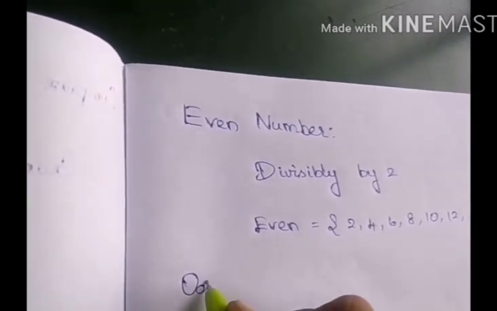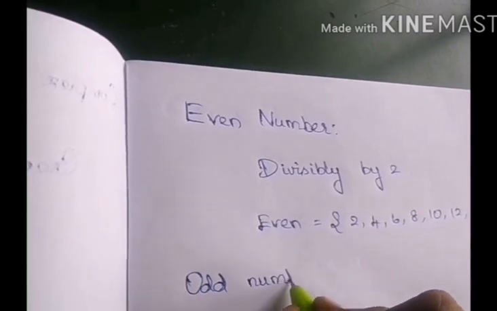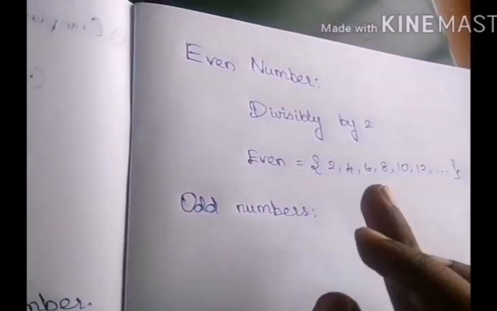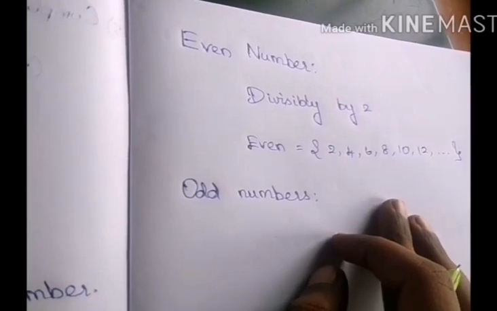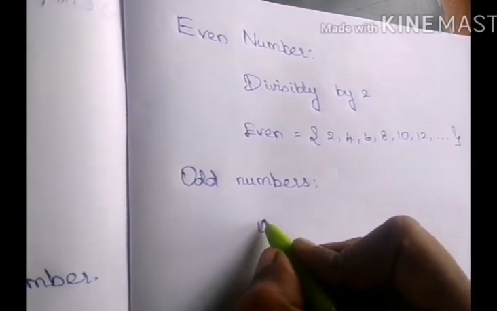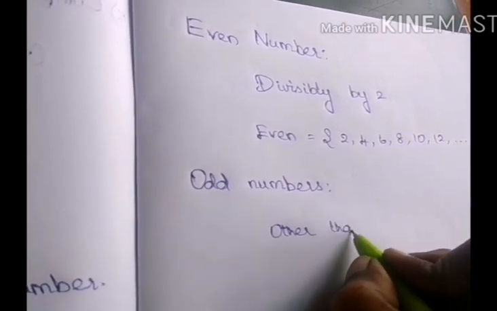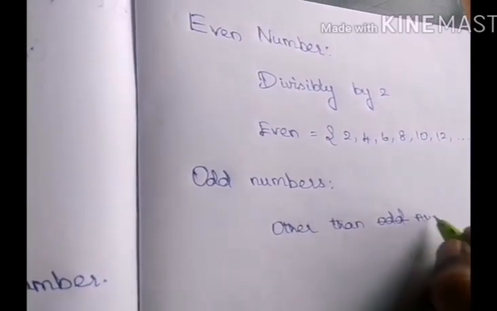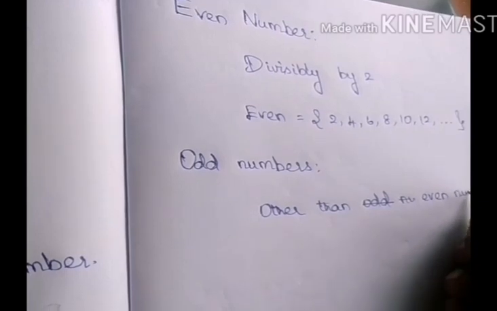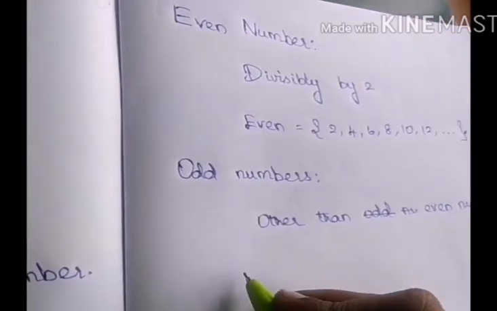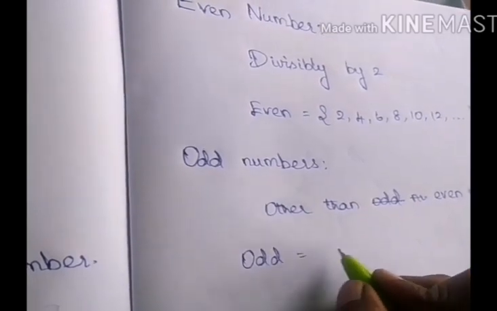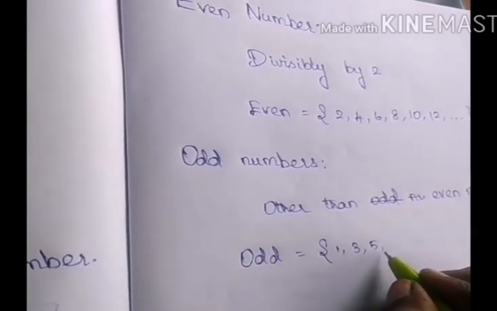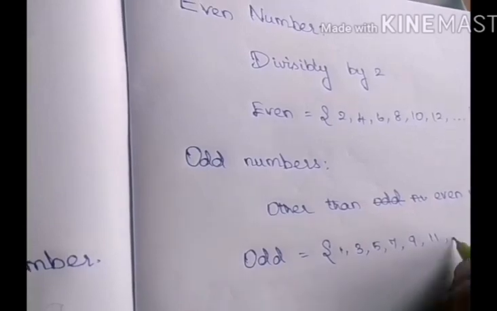Next come odd numbers. The numbers other than even numbers are odd numbers, which are 1, 3, 5, 7, 9, 11, etc.